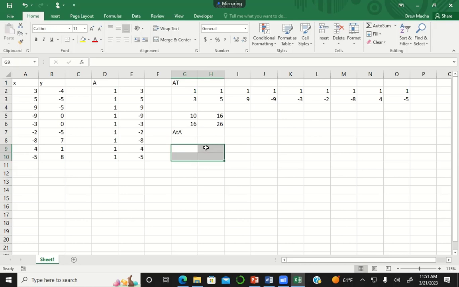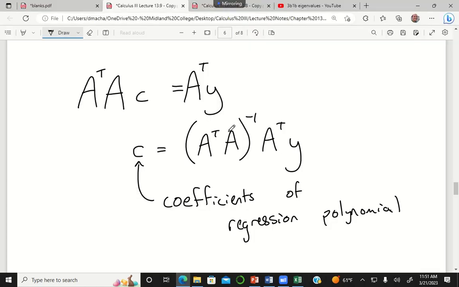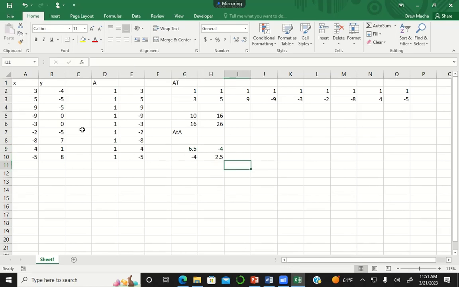Now, like I said, I want to find the matrix inverse of this little 2 by 2 square matrix. Okay, there's the matrix inverse of that. Then what do I need to do next? I need to multiply that inverse matrix times my transpose matrix times the y values. So, almost there.